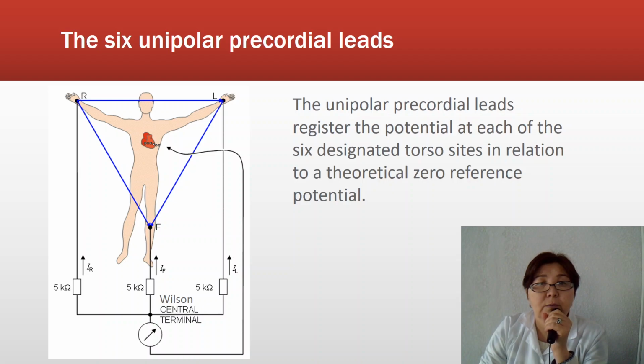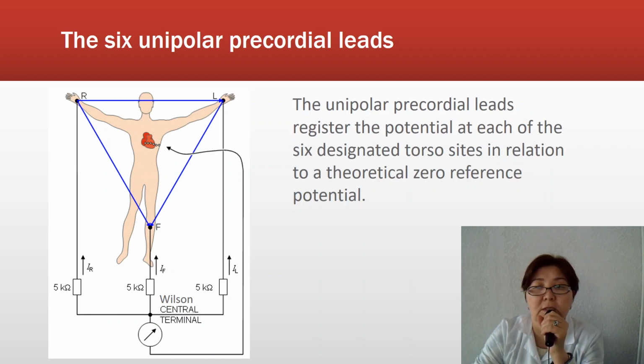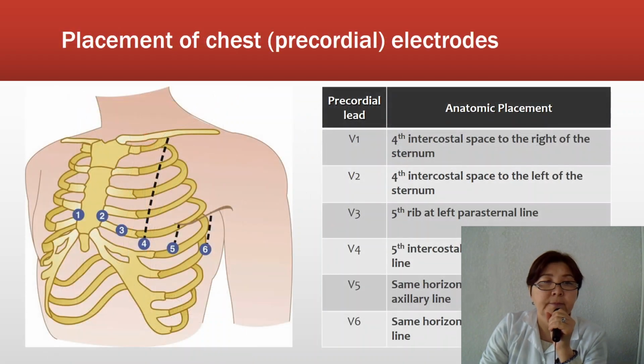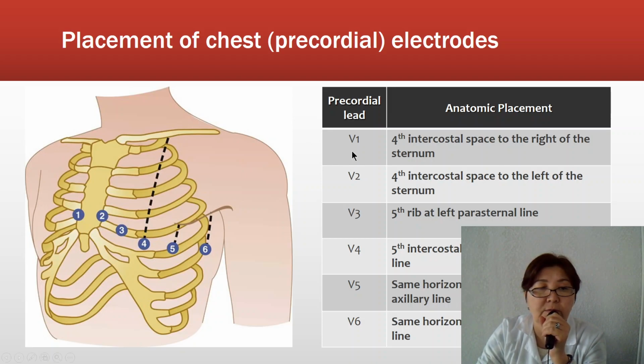The 6 unipolar precordial leads register the potential at each of the 6 designated torso sites in relation to a theoretical zero reference potential. Placement of precordial electrodes: V1 is placed on the 4th intercostal space to the right of the sternum.